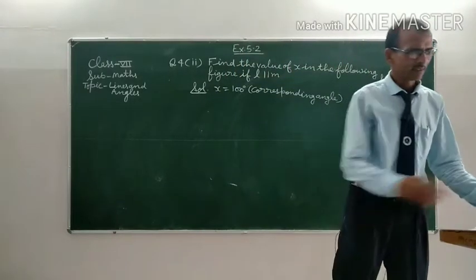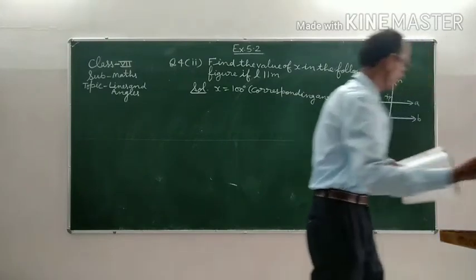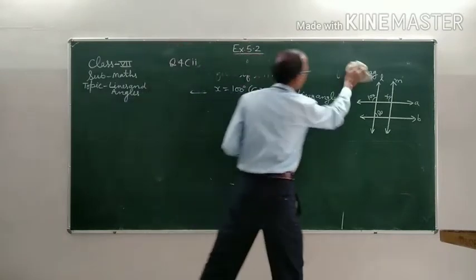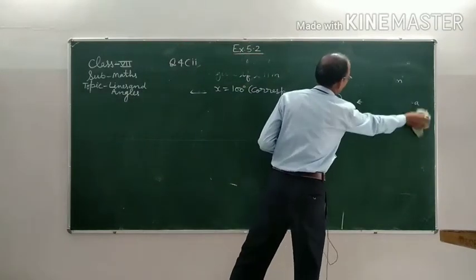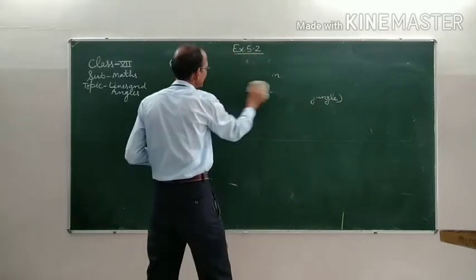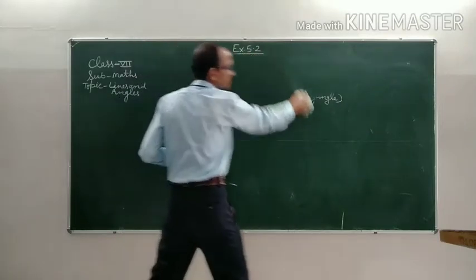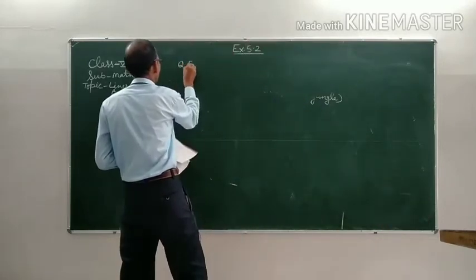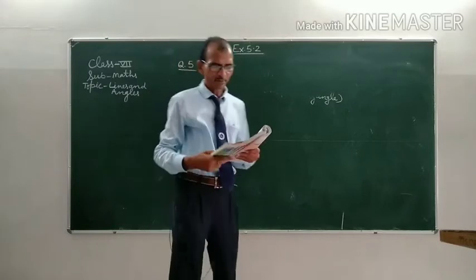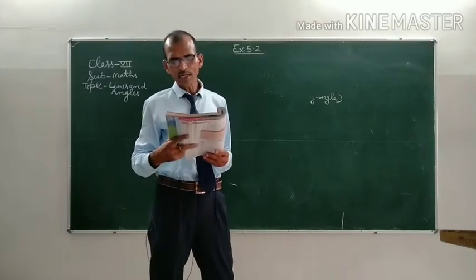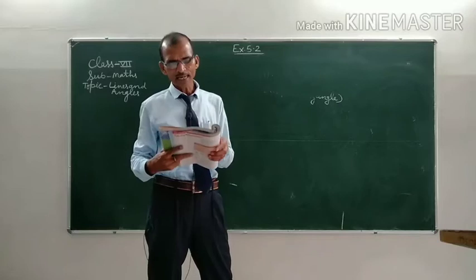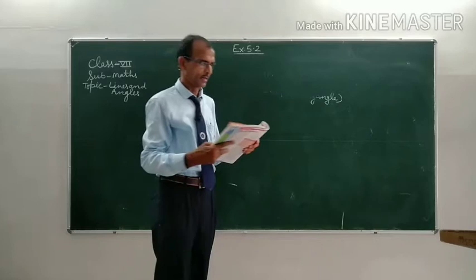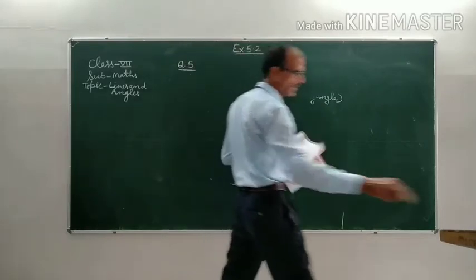Now, our next question is question number 5. Question number 5 is, in the given figure, the arms of two angles are parallel. If angle ABC is equal to 70 degree, then find. Here, a figure is given like this.